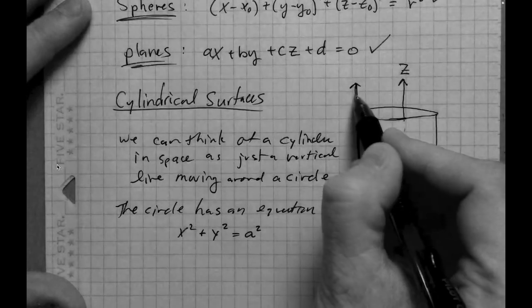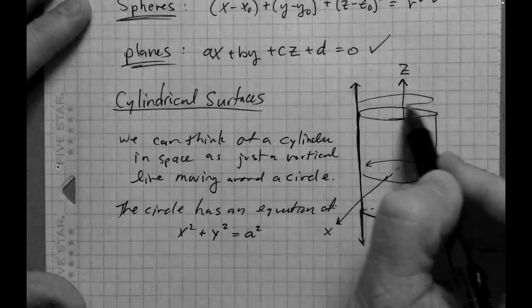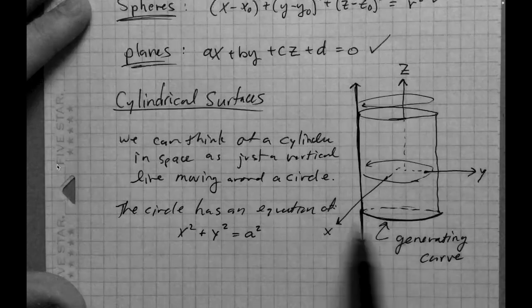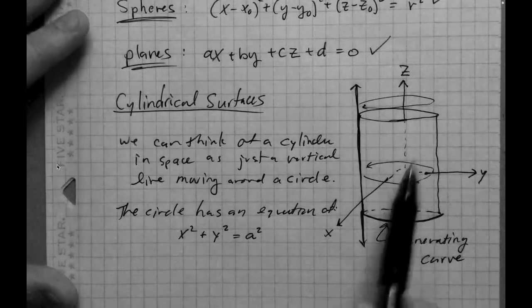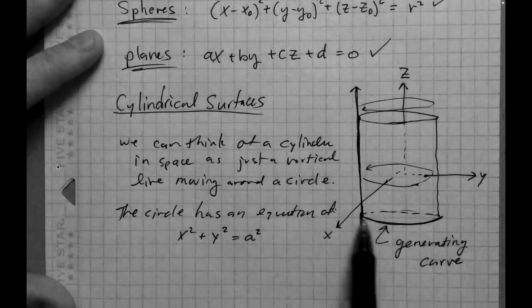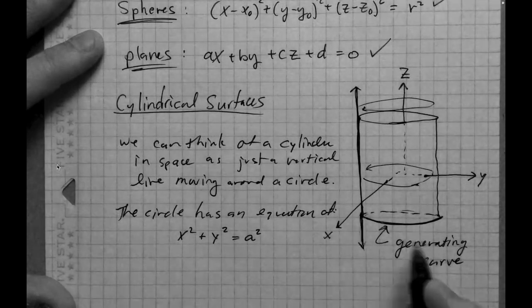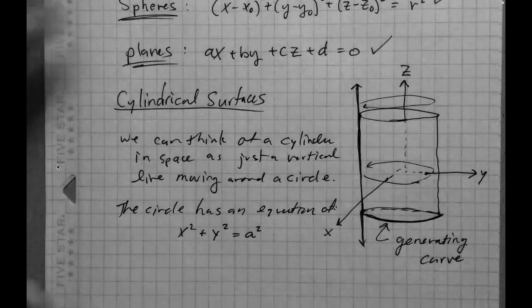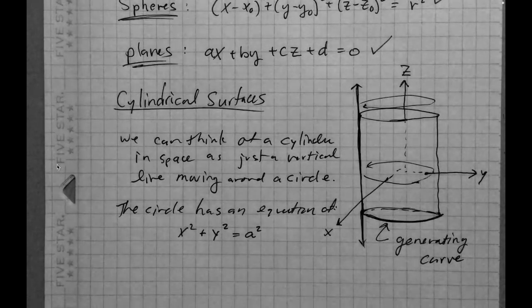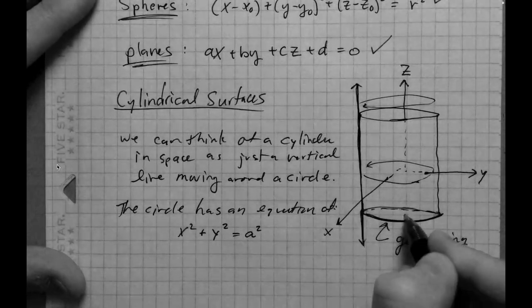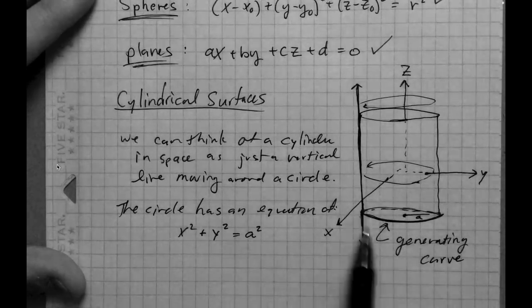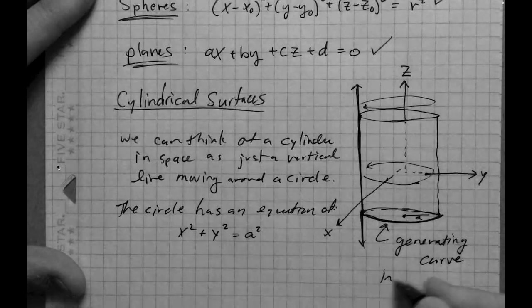Then you take that line and rotate it around the generating curve, which doesn't have to be centered at the origin. In this example, the generating curve is a circle of radius a that lies in the xy plane.